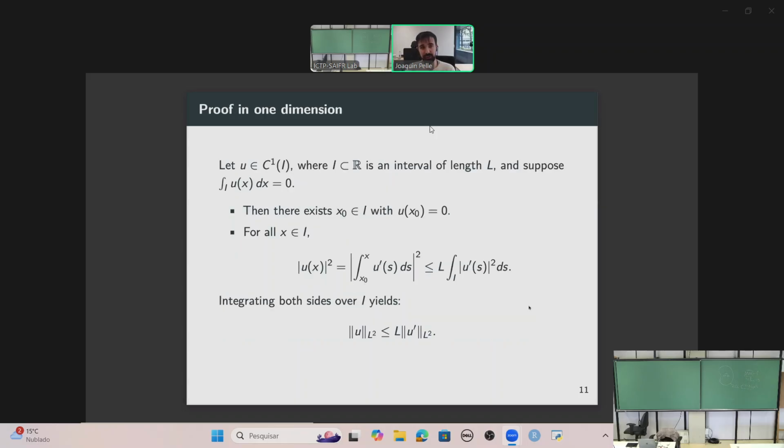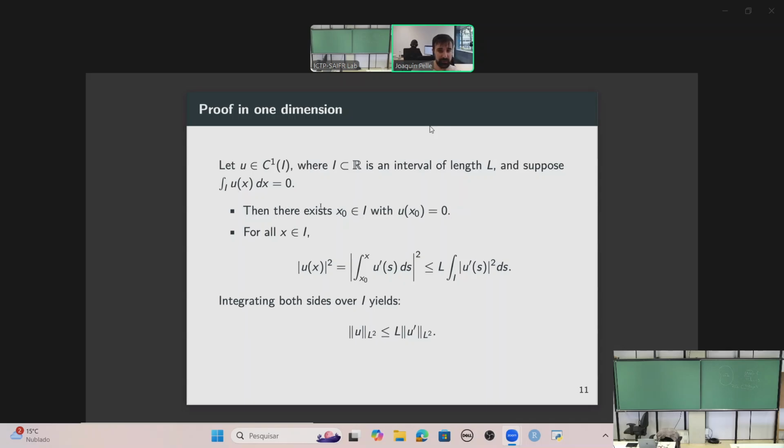We're only going to see a simple one-dimensional proof of this here, just to get an idea of how it goes. So essentially, we take one function in C1 of I, where I is a certain real interval. And we suppose, as the conditions of the theorem say, that it has 0 average on the interval.